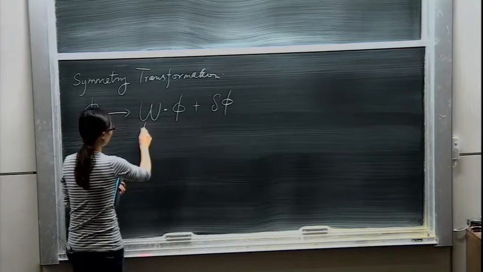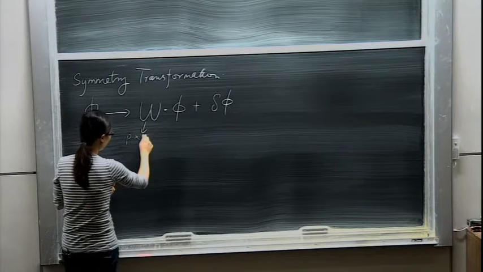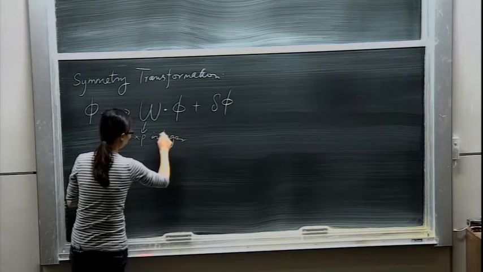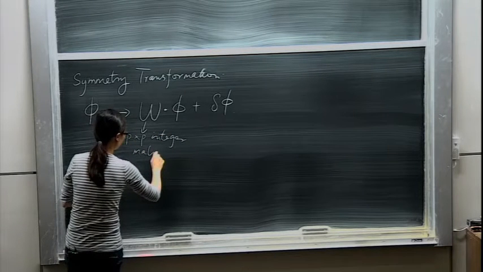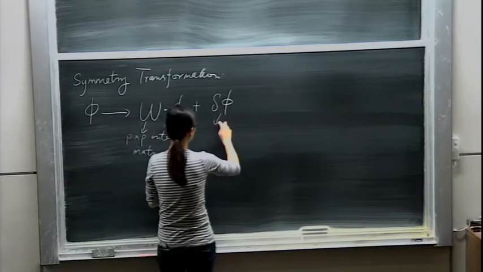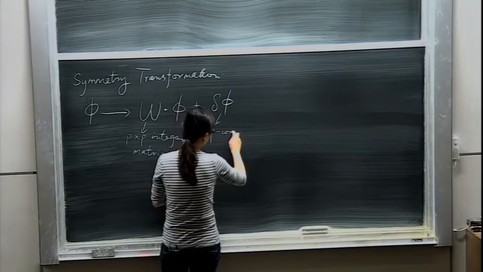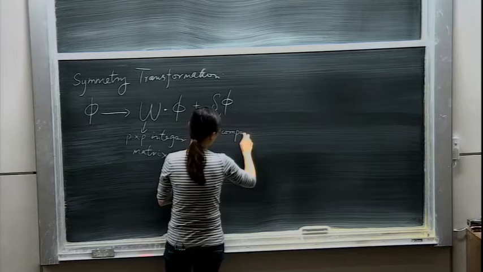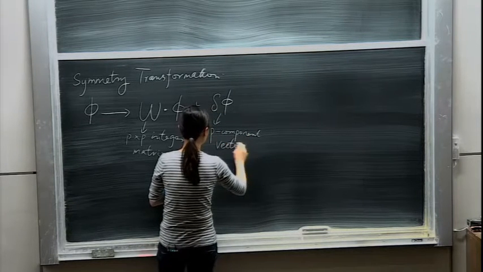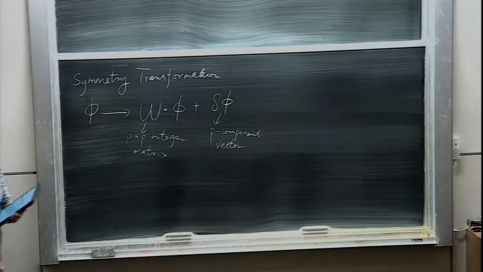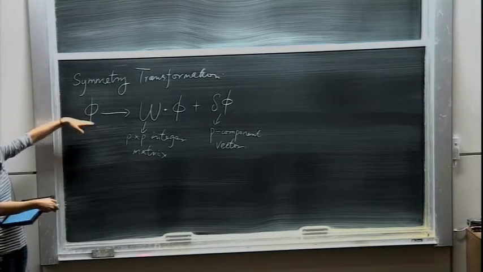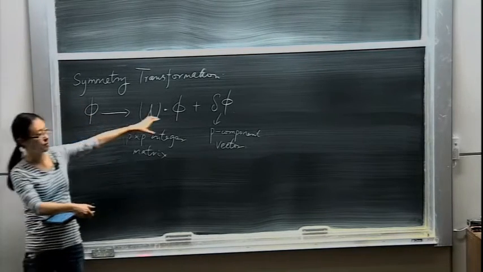Okay. So here W is a p by p integer matrix. And this delta phi is a p component vector. So for every group element, we assign such a transformation to the phi fields.